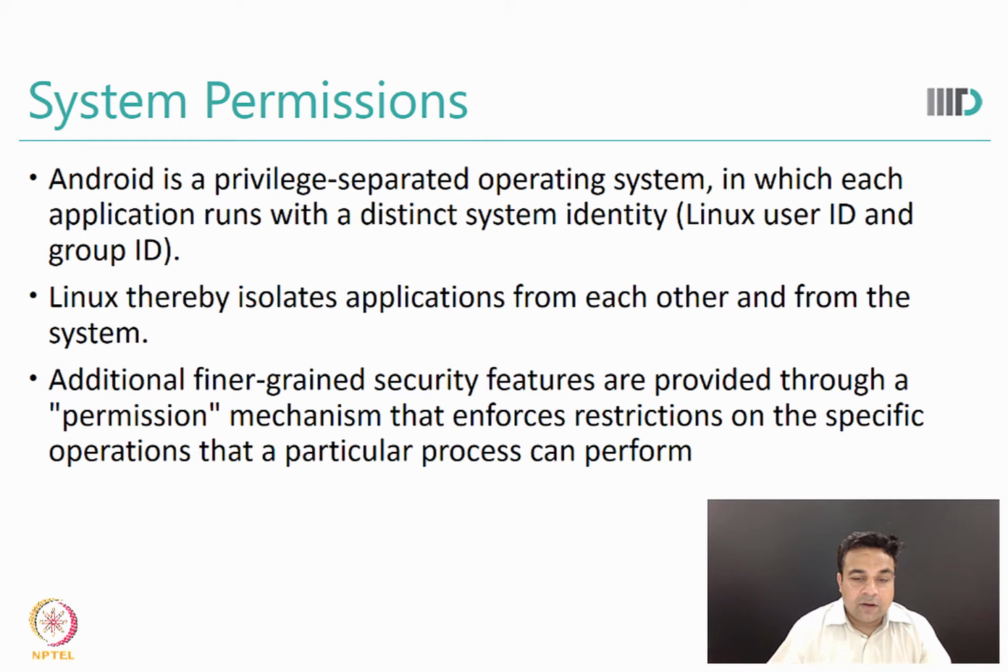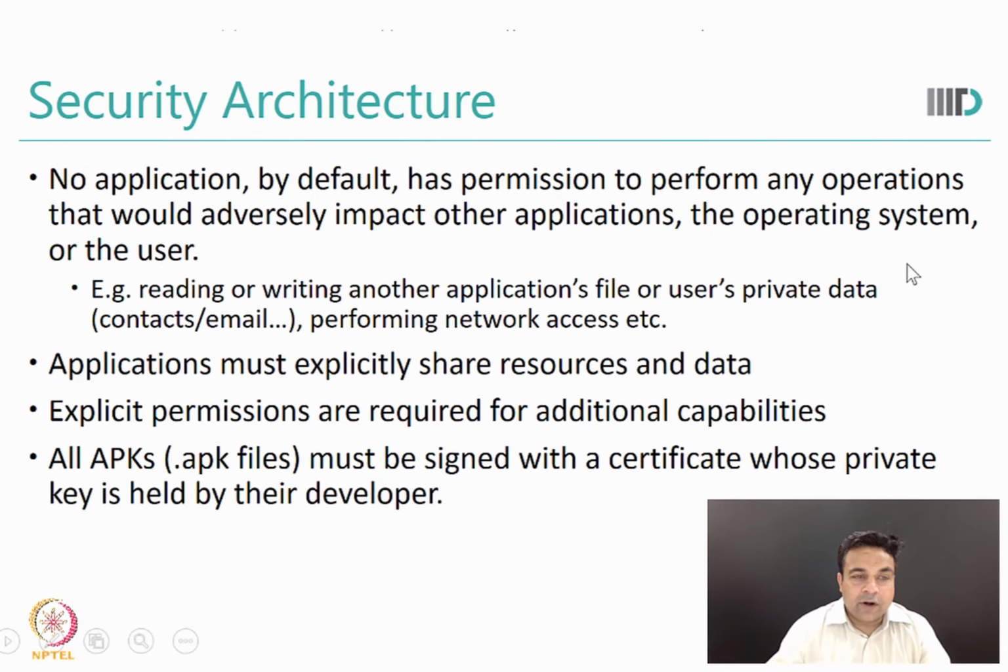Now, in Android, no application by default has permission to perform any operation that would adversely impact other applications, the operating system, or the user. For example, reading or writing another application's files, or reading or writing users' private data such as contacts.